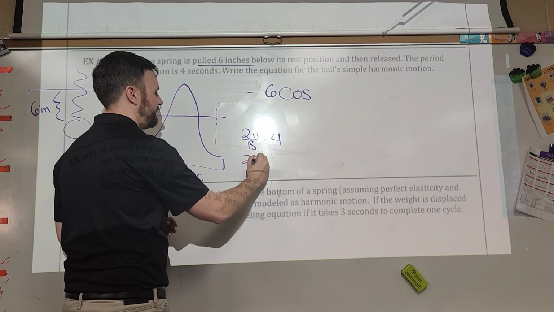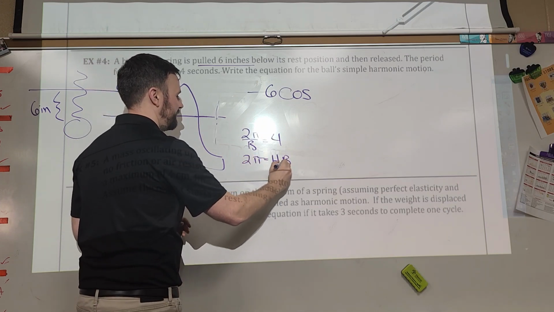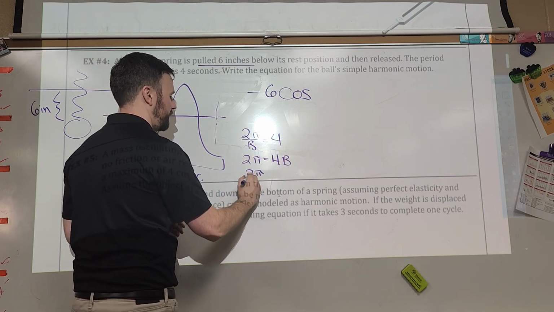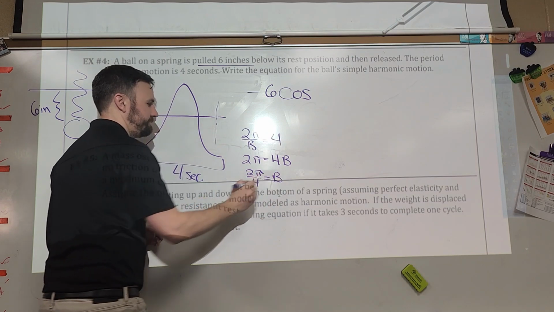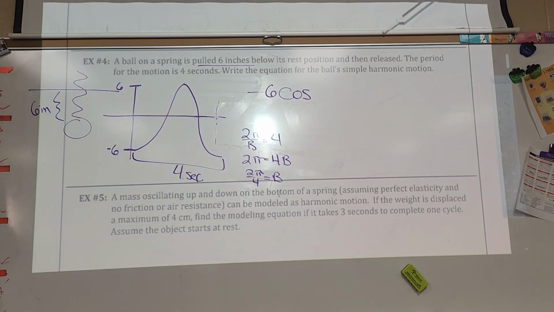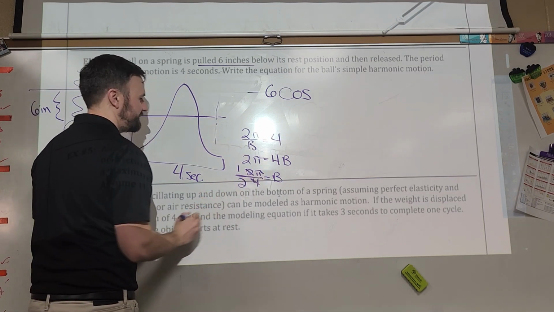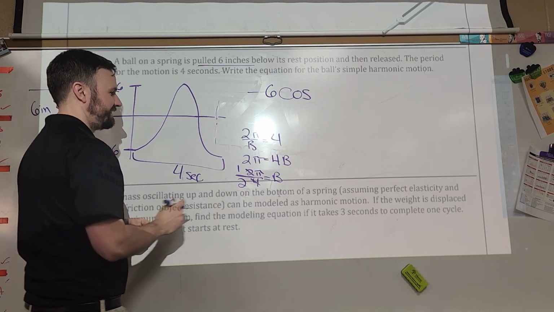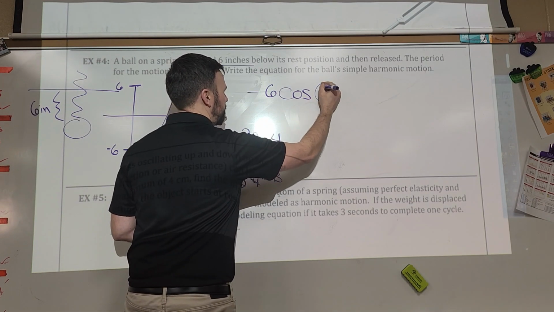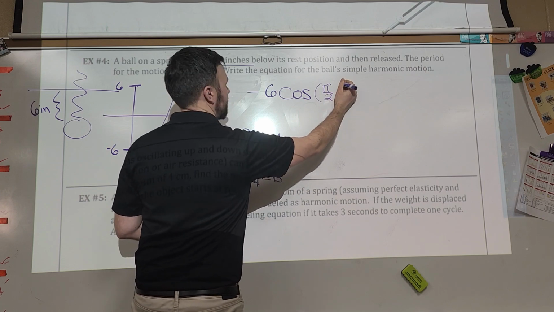So 2 pi equals 4b. So 2 pi over 4 is b, right? Can't reduce it. Too bad. I don't care what you say, person. So I do pi over 2 t.